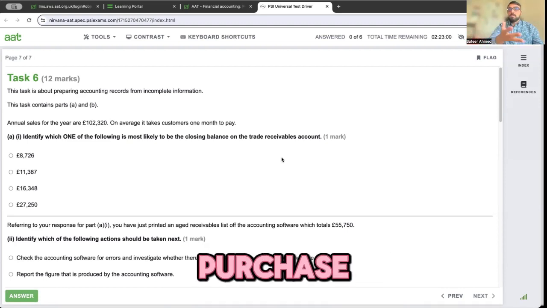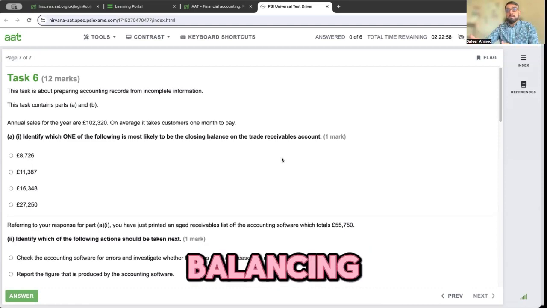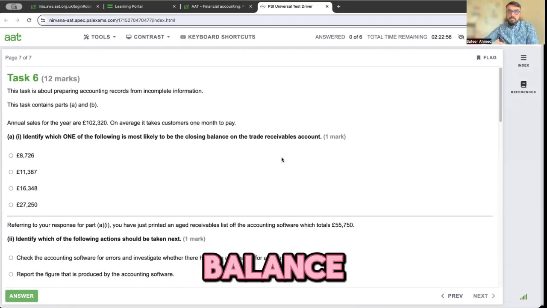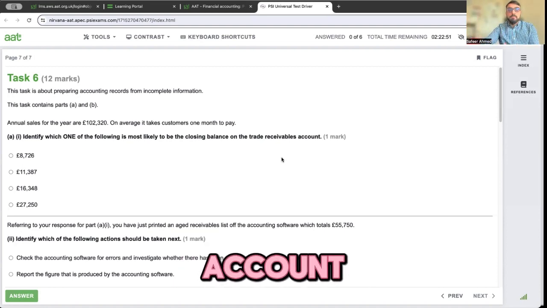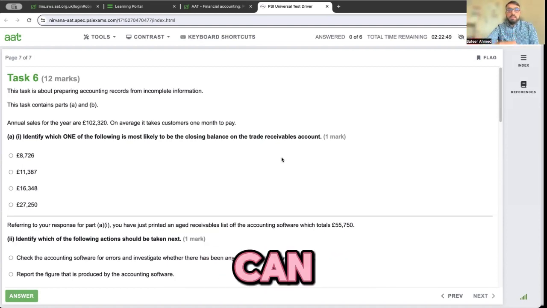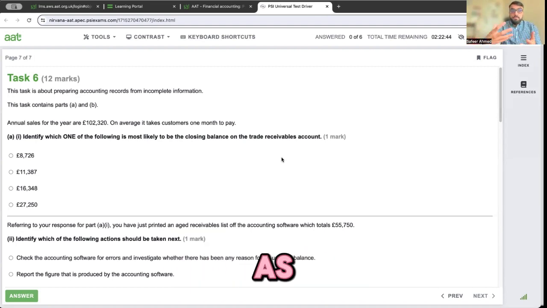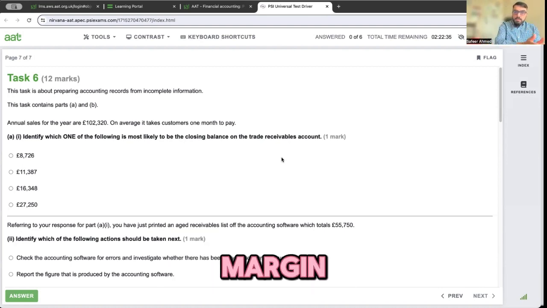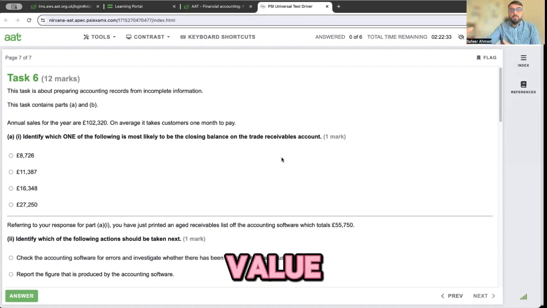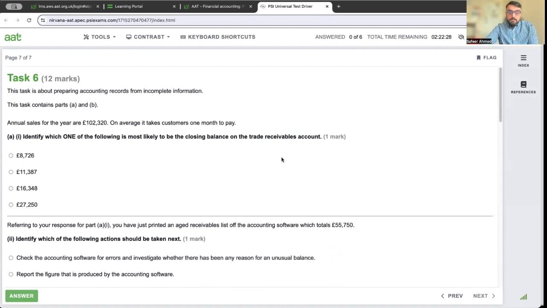Let's suppose we don't know purchase returns, but if we know the opening and closing balance and some of the other items in the purchase ledger control account, we can calculate the balancing figure. Similarly, from the sales ledger control account, or the receivables ledger control account, as a balancing figure, we can calculate something as well. And sometimes we use markup and margin, profit margin, to calculate the value of sales, cost of sales, or gross profit as well.